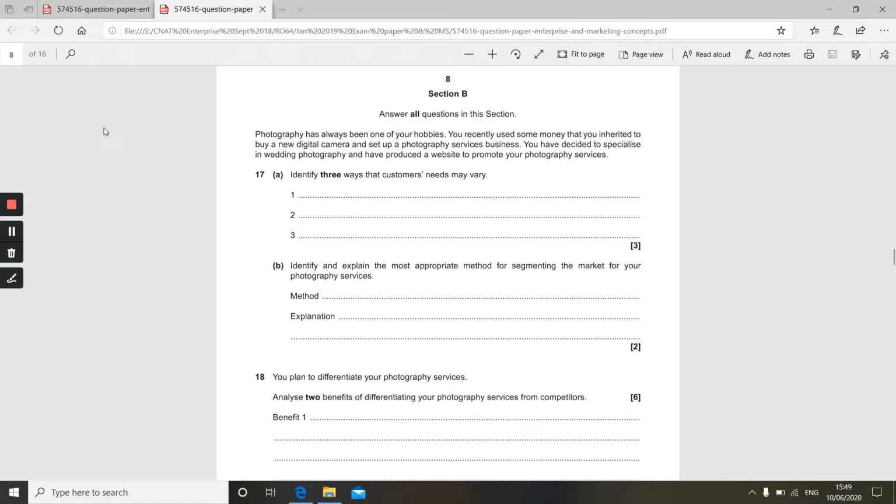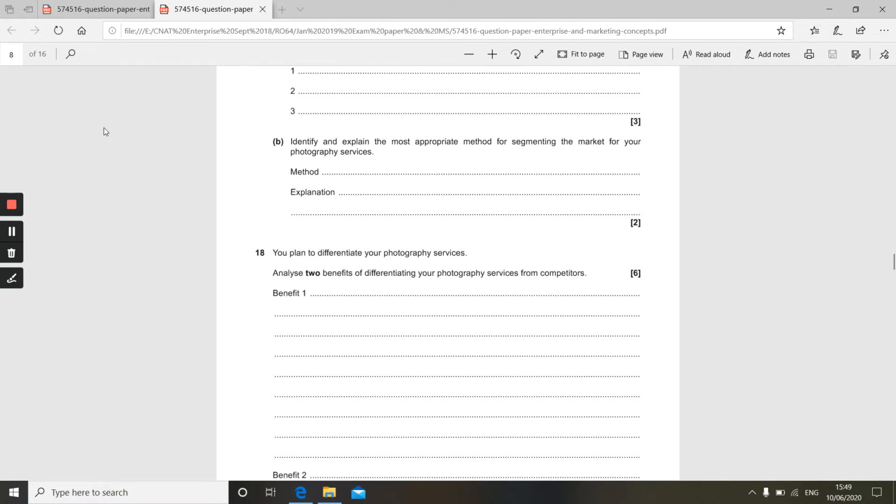Okay. B, identify and explain the most appropriate method for segmenting the market for your photography services. So this looks at market segmentation.